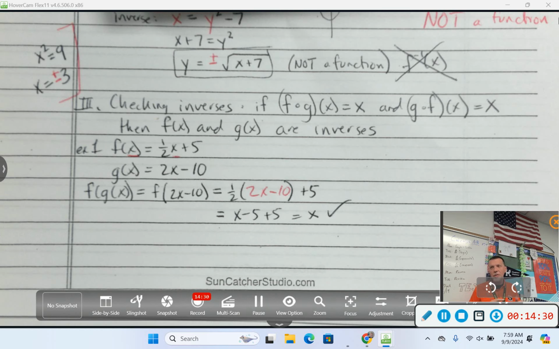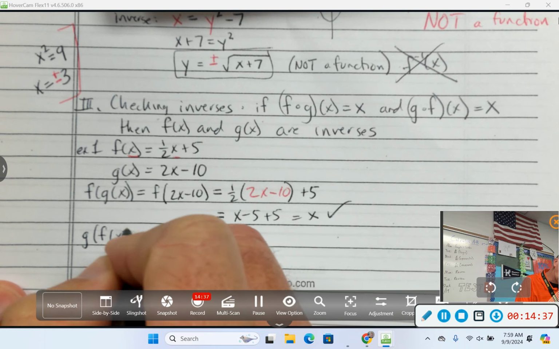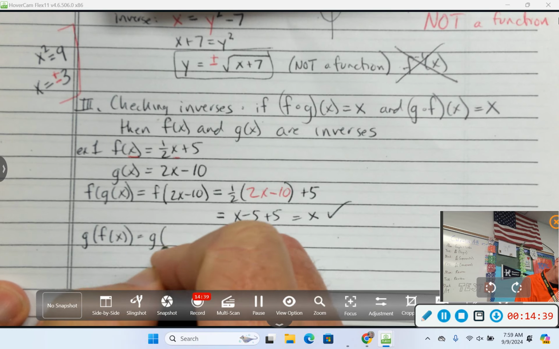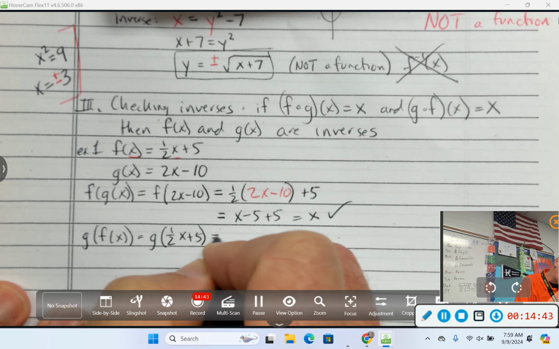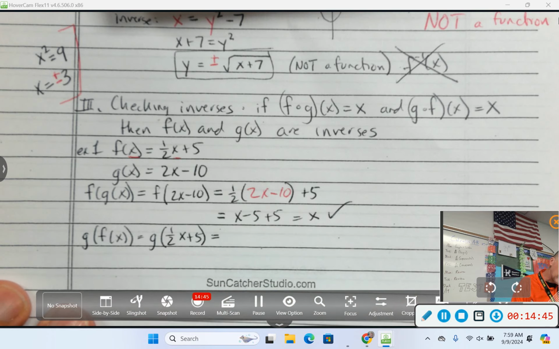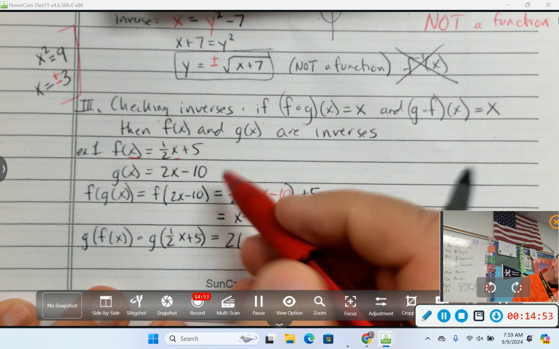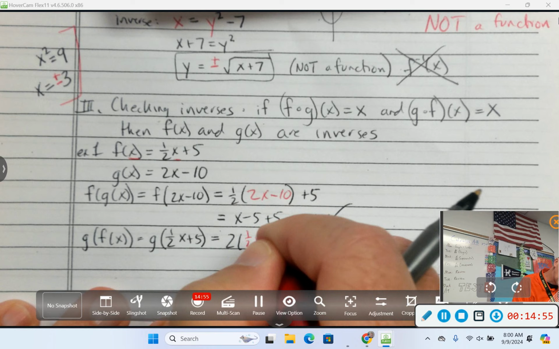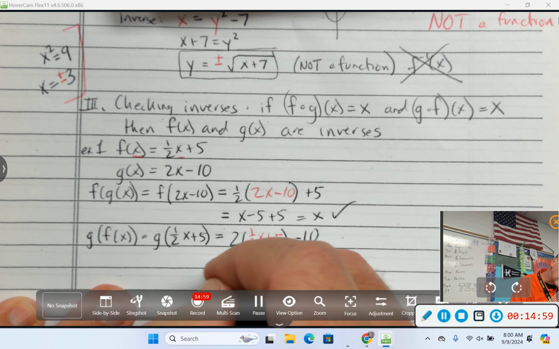I have to check the other way around. g of f of x. So g of 1/2 x plus 5. So grab the g function, but instead of plugging in x, I'm going to plug in 1/2 x plus 5, and minus 10.